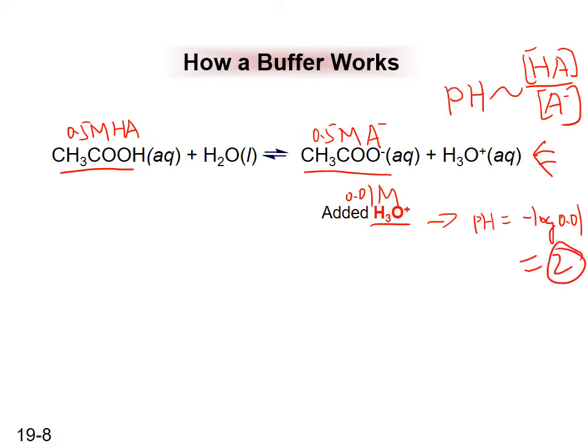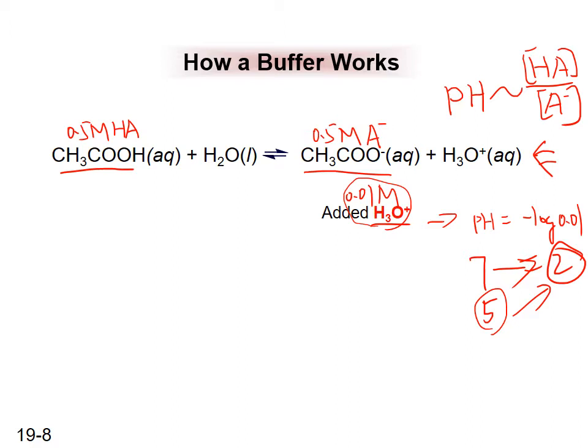So if the solution was neutral, 7 goes to 2, that's a big change. Even if the solution is weakly acidic, let's say pH 5 goes to 2, it is still a big change. So a small amount of acid added to a non-buffered solution will give you a big pH change.